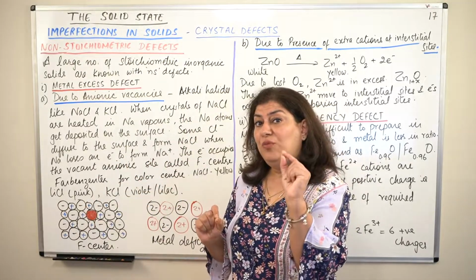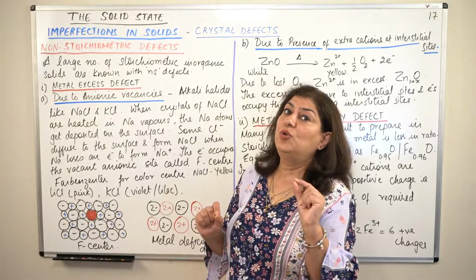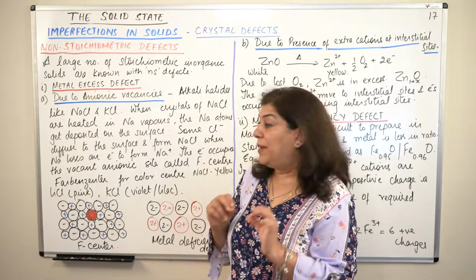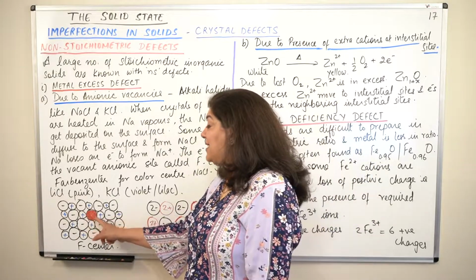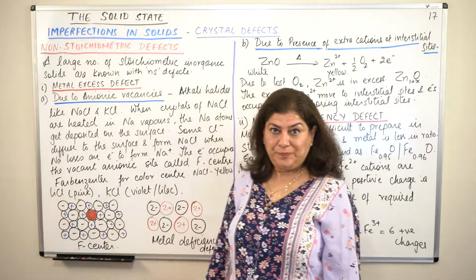The electron which is lost by the sodium atom to make it the sodium ion diffuses in and occupies that empty space. Do you see?